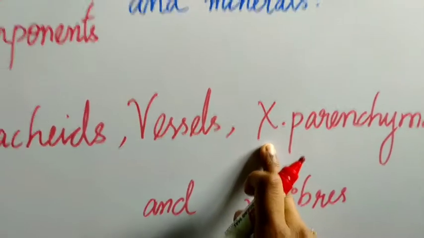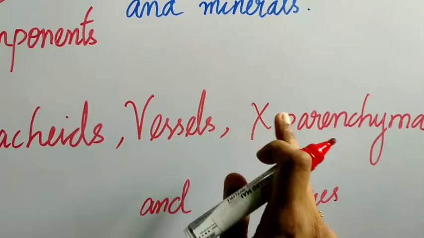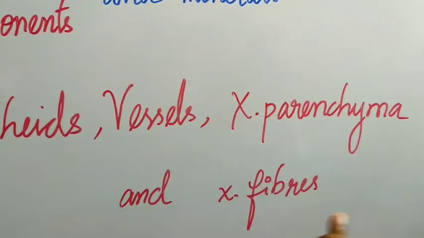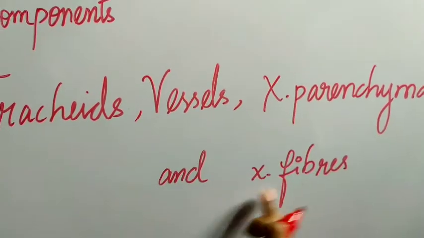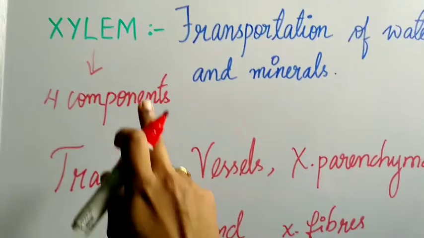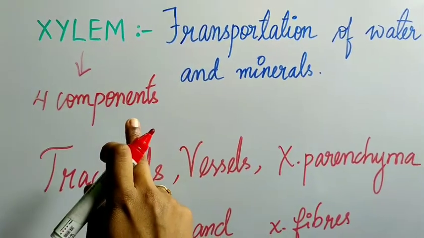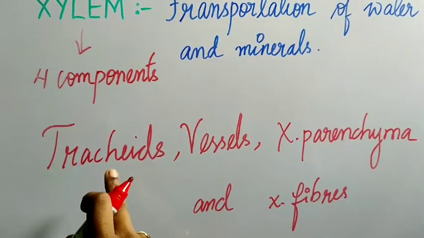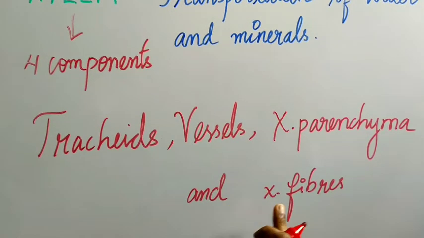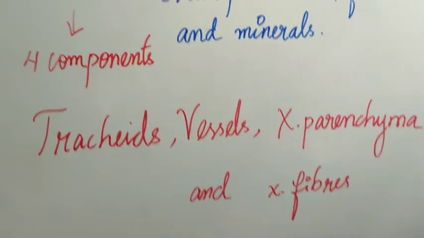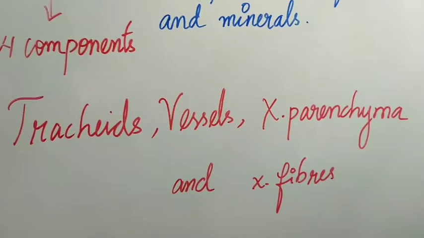This X here is for xylem. You have to write xylem, but because of the space constraint, I'm only writing X. This is xylem parenchyma and xylem fibers. So xylem is made up of 4 components, which are tracheids, vessels, xylem parenchyma, and xylem fibers. Now, let us look at the function of each of these.